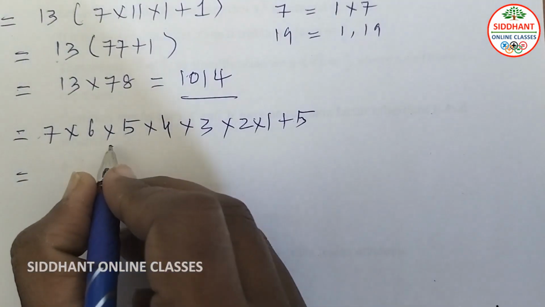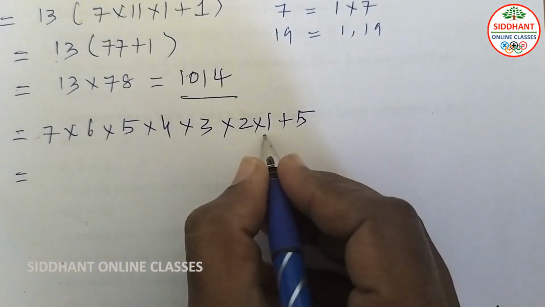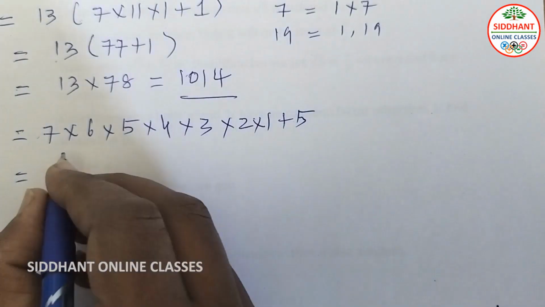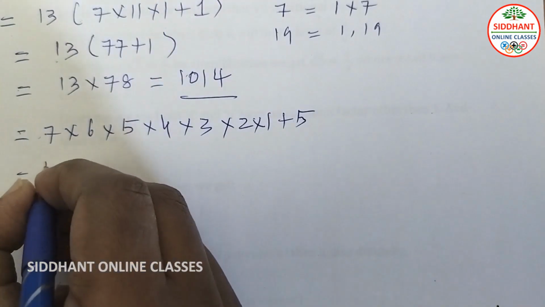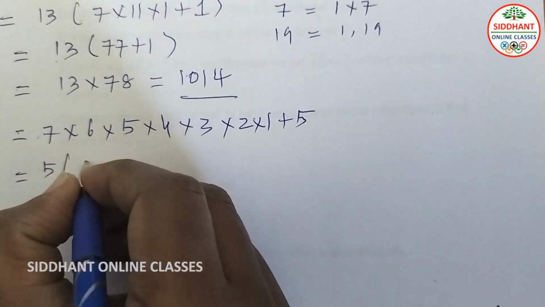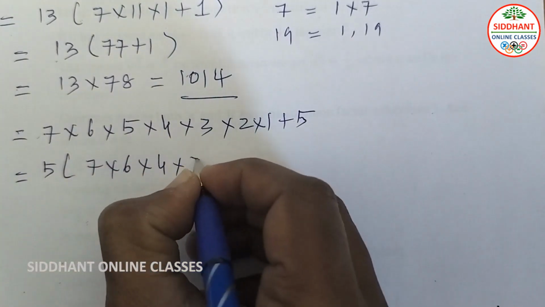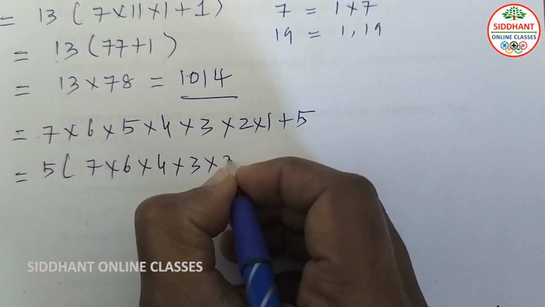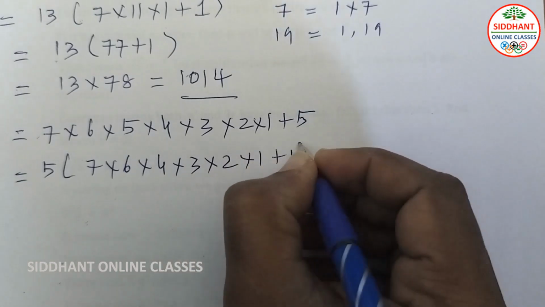So when you multiply, that means taking 5 common, we get 5 into 7 into 6 into 4 into 3 into 2 into 1 plus 1.